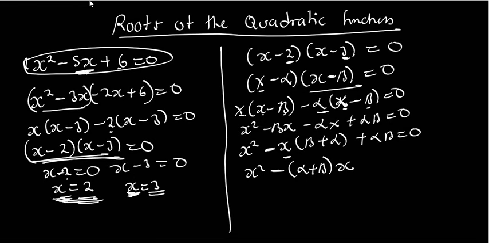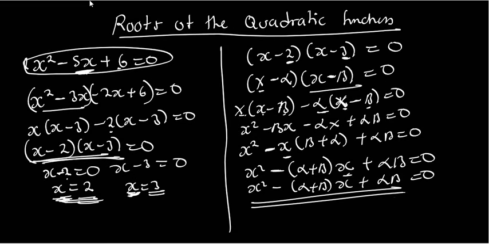I've gotten this x and put it on this side. That's the standard way. So this is the standard equation in the form of alpha and beta. Like that. So this is the quadratic, in short, in the form of alpha and beta.